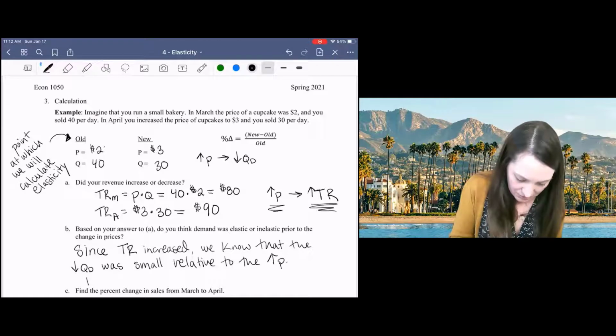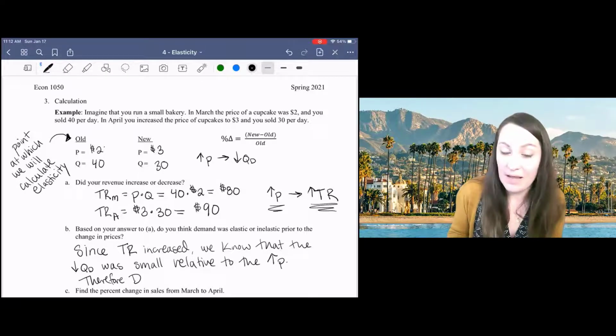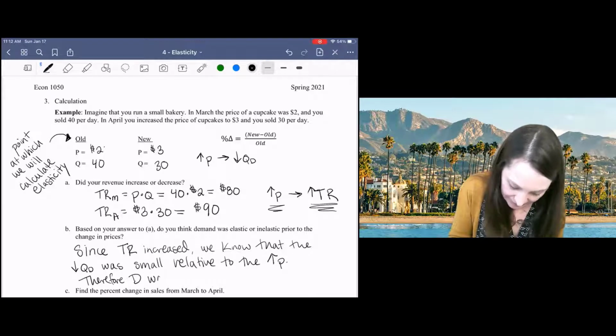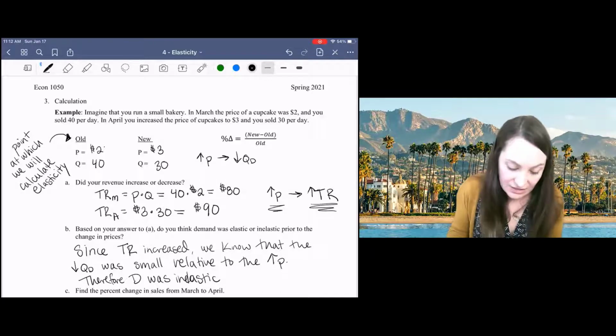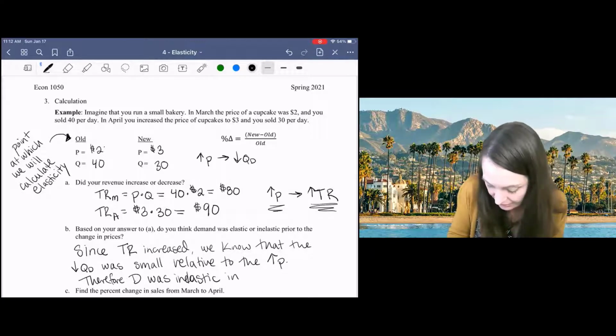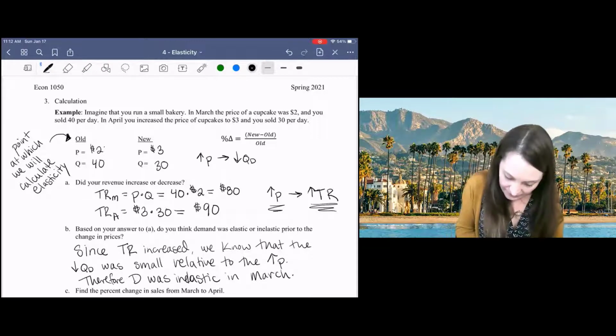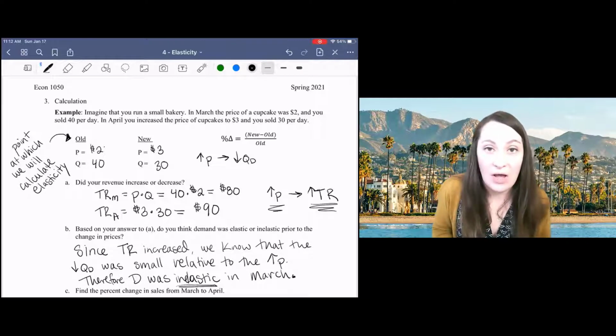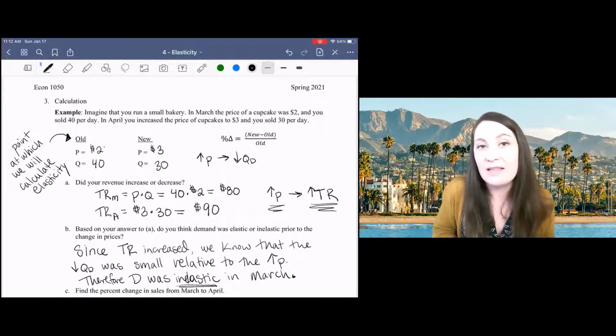Therefore, demand for cupcakes was inelastic prior to the price change, or in this case, in March. Consumers did not respond very much to a change in price, meaning that we had inelastic demand.